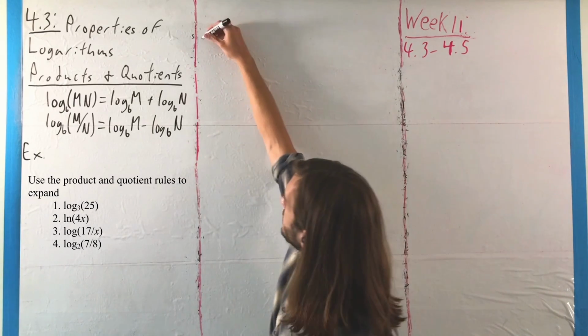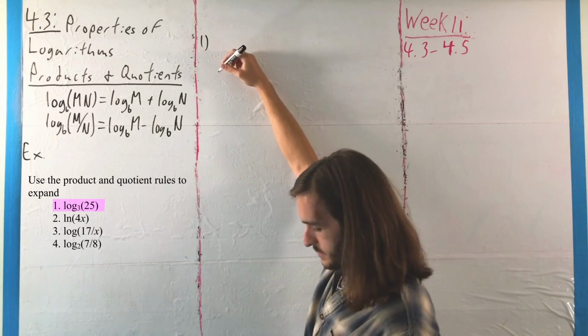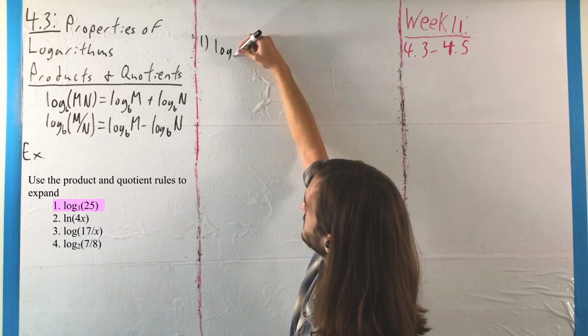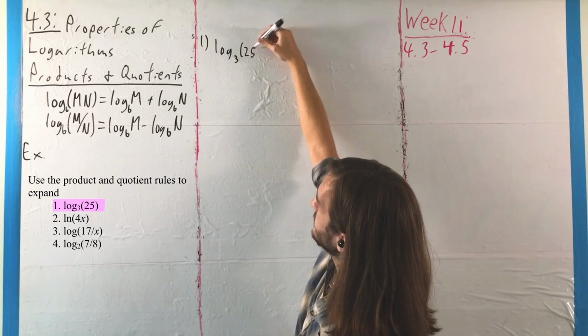For our first one, we could note that if we want to expand this using the product rule, we would need to know what we can split the value 25 into.